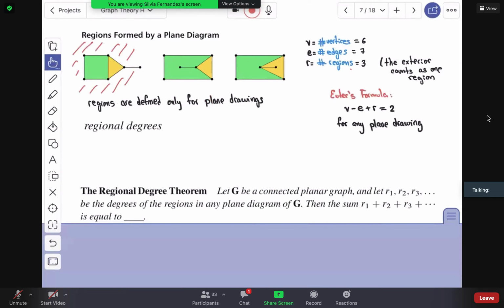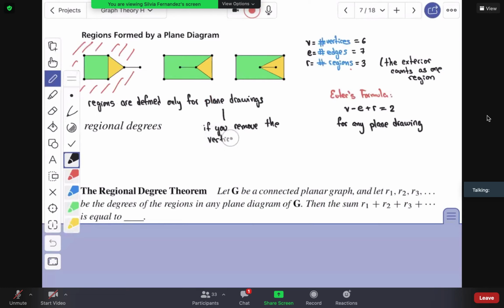So if you remove the vertices and edges from the plane of a plane drawing, the plane is disconnected into regions. Those are the regions.